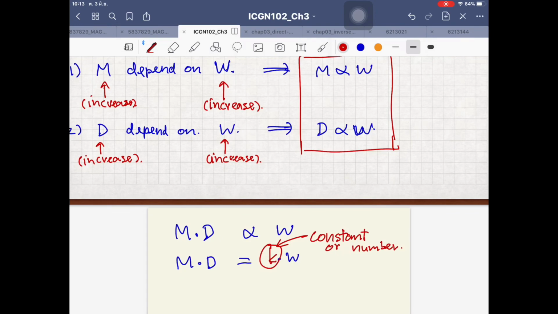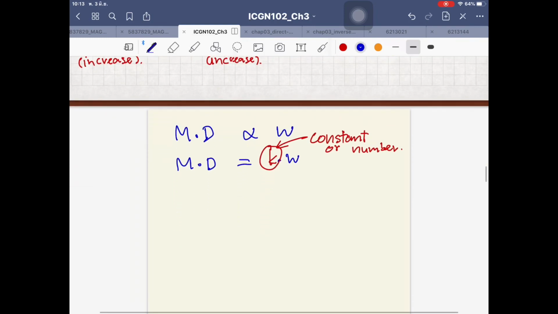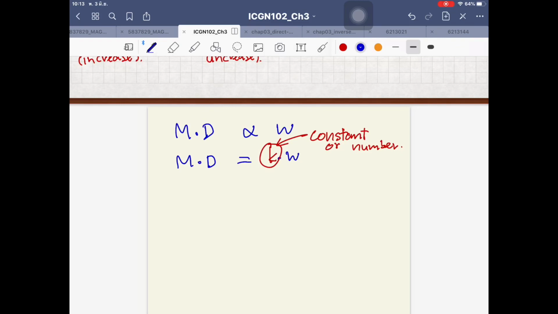K is just a number. And then from this equation, if you move the term W to the left side, now you have M times D divided by W equal to the constant K. And this equation, or this statement, is true for any situation.